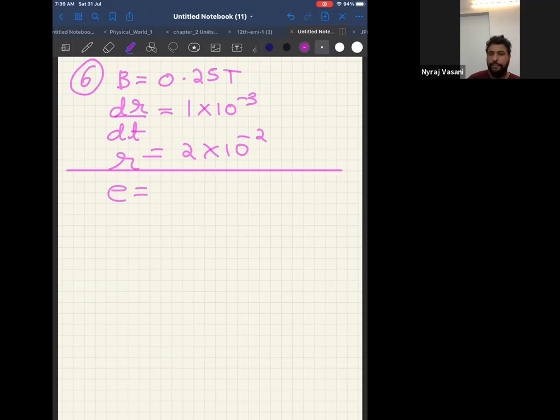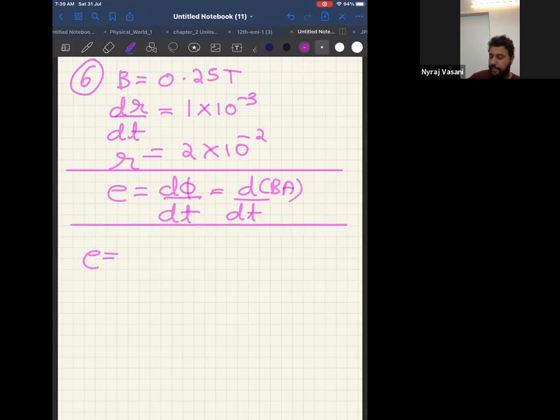This is the data. Now, same like the last problem, E is equal to d phi by dt. Phi formula is B into A. Again, E is equal to B outside d by dt of area, again B outside d by dt of pi r square.